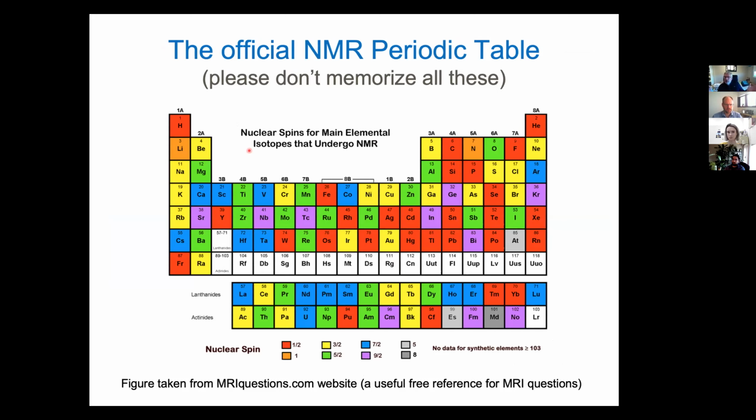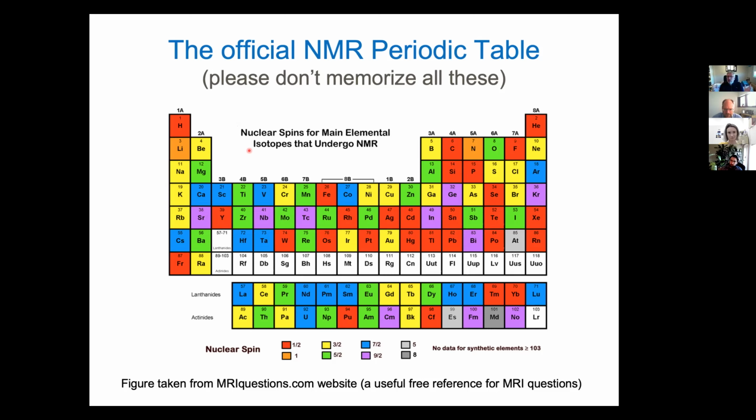Now, what can you do? What nuclei can you study? Well, look at the periodic table. Essentially, you can study all these nuclei. They're all different colors because they have different nuclear properties. But if you look at this, everything in the periodic table has something of color on it, which means that in principle, you can study any nucleus in the periodic table of elements.